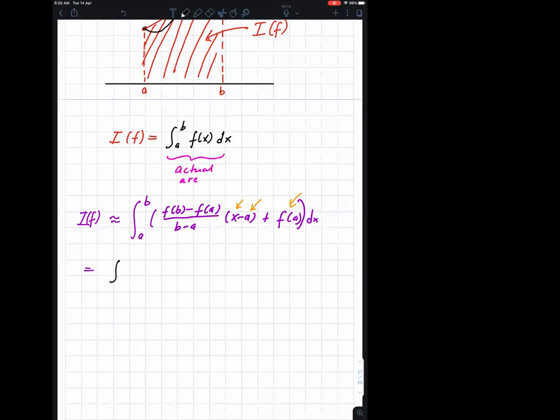The first integral is (f(b) minus f(a)) divided by (b minus a), x dx.